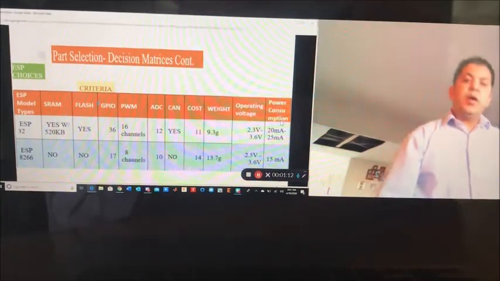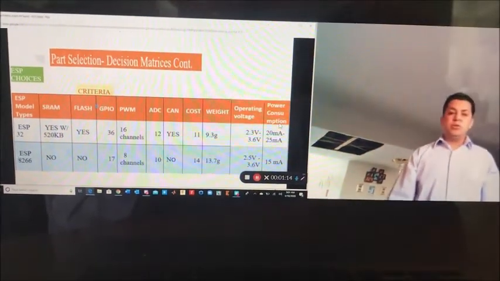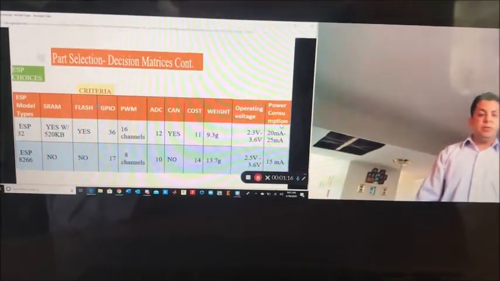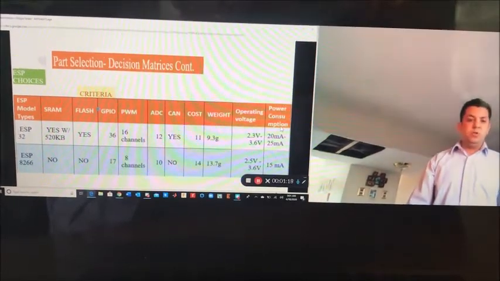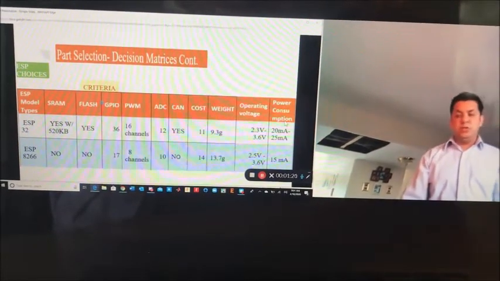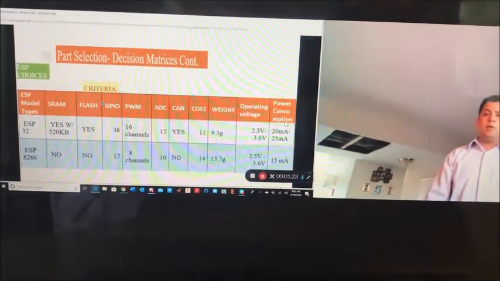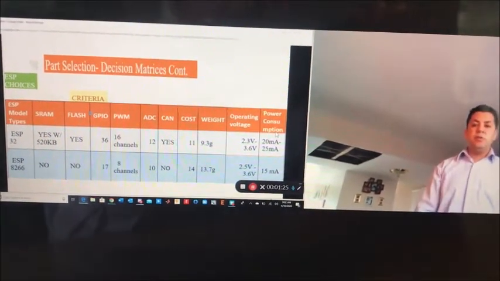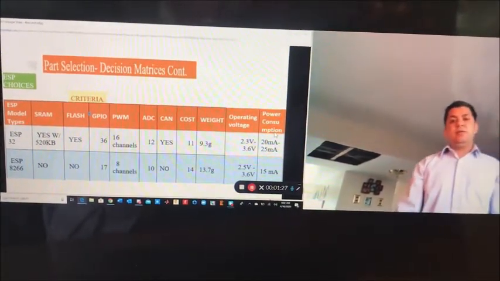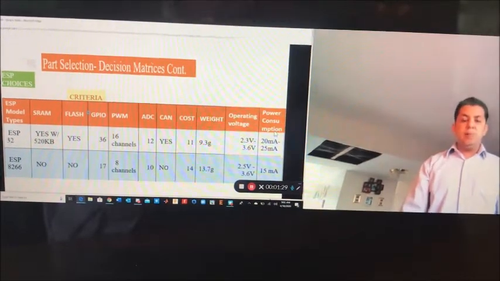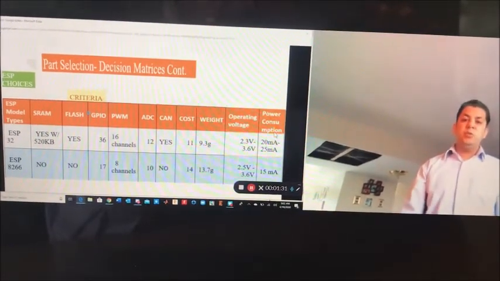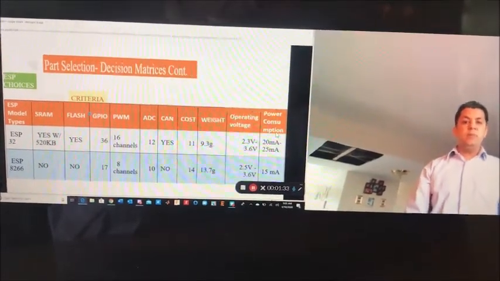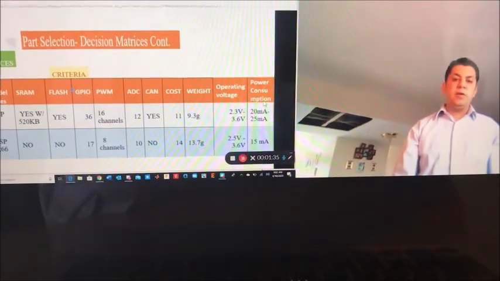For this slide, we have the ESP conversion chart. We are choosing the first one, ESP32, over the ESP8266 because of a couple of reasons. The first reason here is the weight. Ours has only 9.3 grams, while the ESP8266 has about 14 grams. We are saving about 4 grams right here.